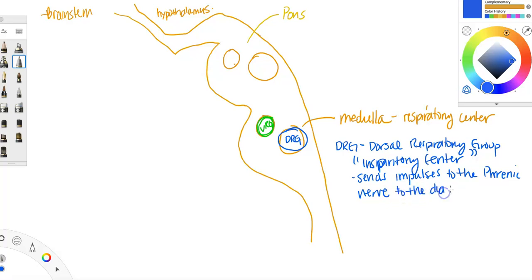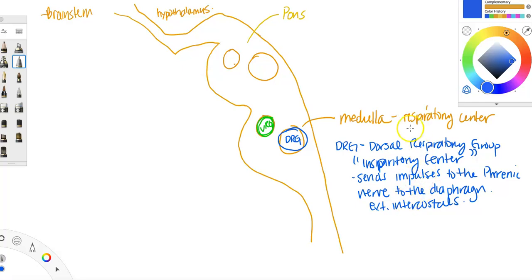And we know that the diaphragm instigates or starts a breath, starts an inspire, okay? Breathing in. So it sends impulses to the phrenic nerve, and it also sends impulses to the external intercostals. So they are what start that inhale.